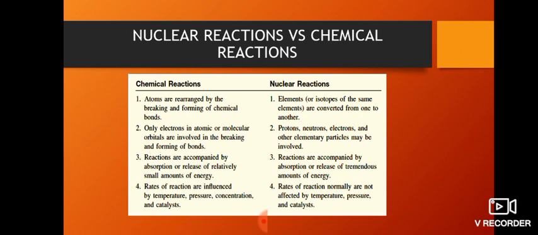Chemical reactions are also affected by factors such as temperature, pressure, concentration, and catalysts. These factors determine the rate or the speed of the reaction. Nuclear reactions are generally not affected by these factors such as temperature, pressure, and catalyst.